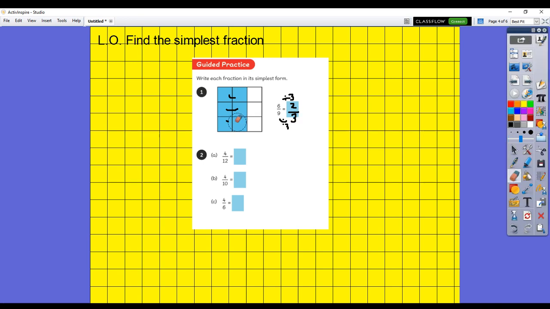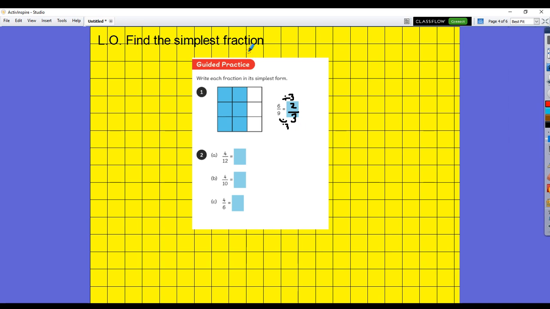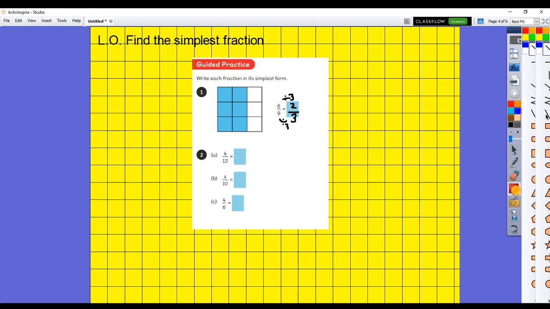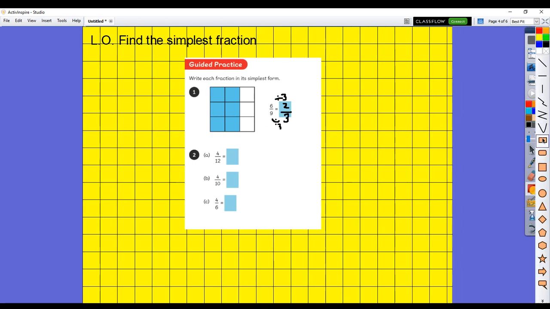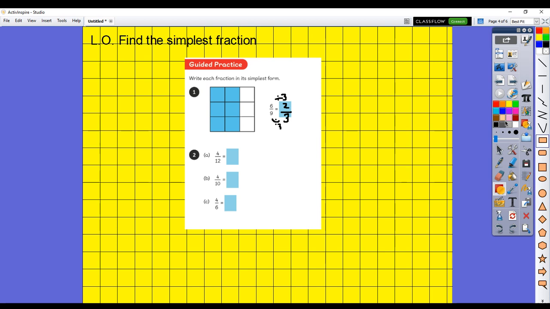Now I can show this on my diagram here. I can make my 6/9 into 2/3. I'm now going to split this into 3. I might actually use my square to help me here, so we can really clearly see the 3 parts.